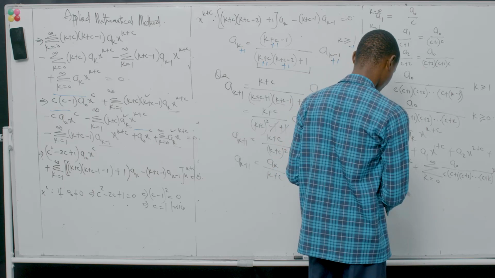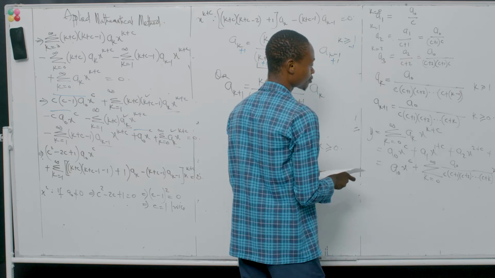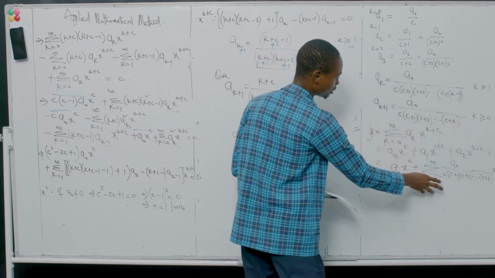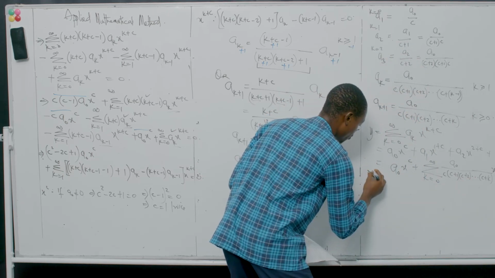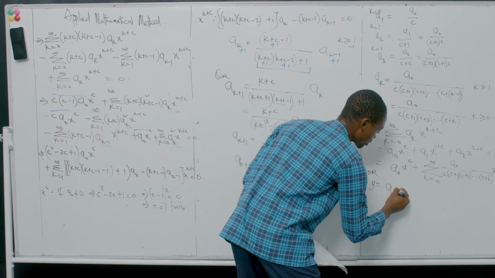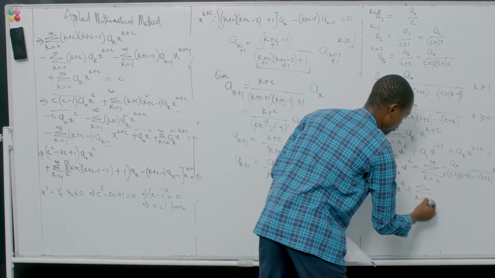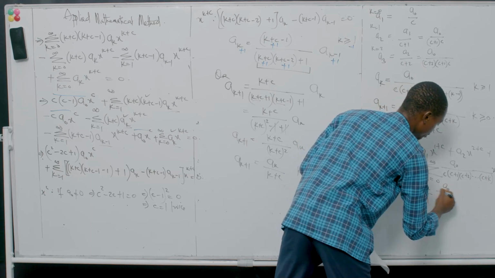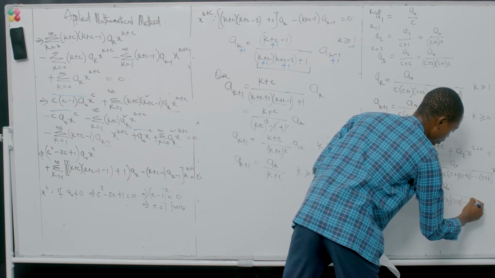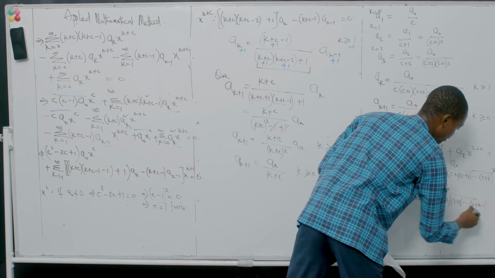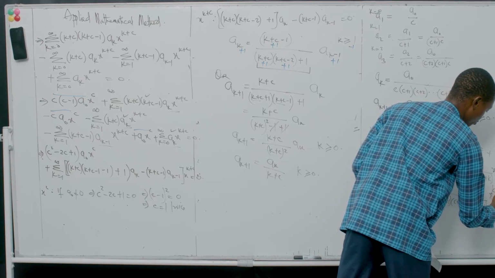Now, we can combine. If you decide to write it in this form, let me write it out for you. y is equal to a0 x raised to power c plus summation k starting from 1 now to infinity, a0 over c into c plus 1, c plus 2, up to c plus k minus 1, x raised to power k plus c.